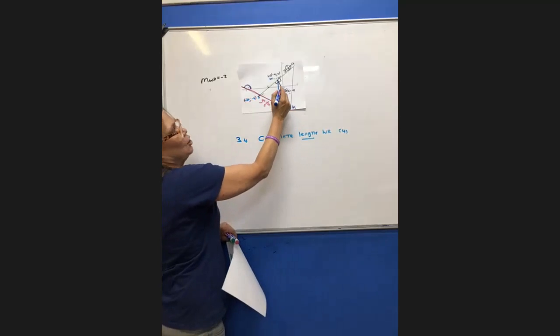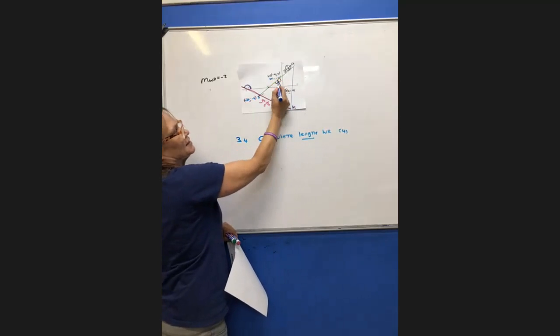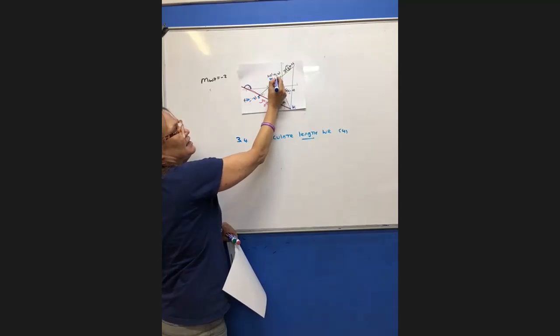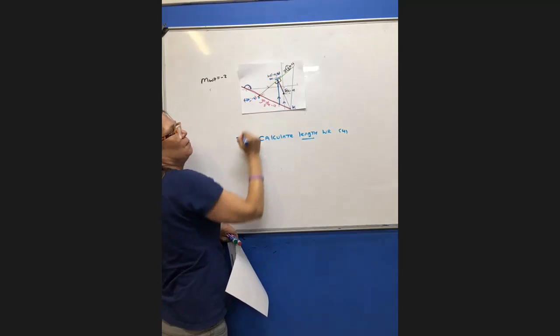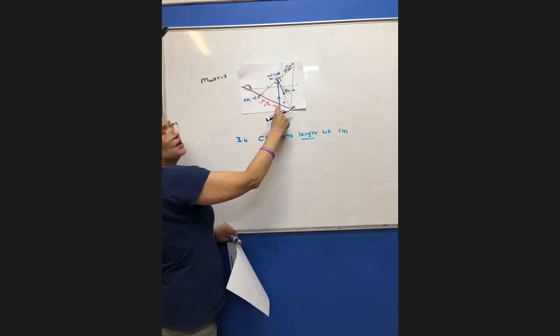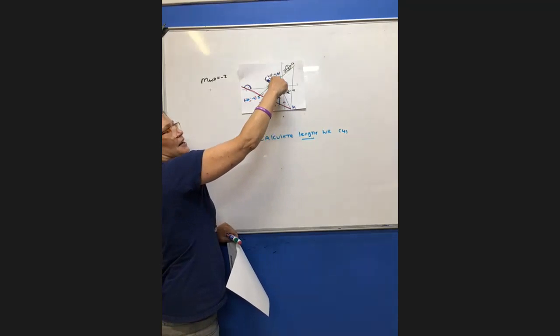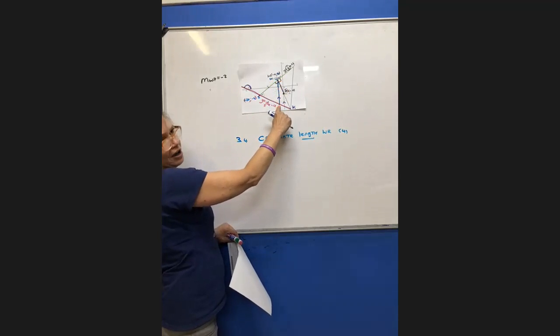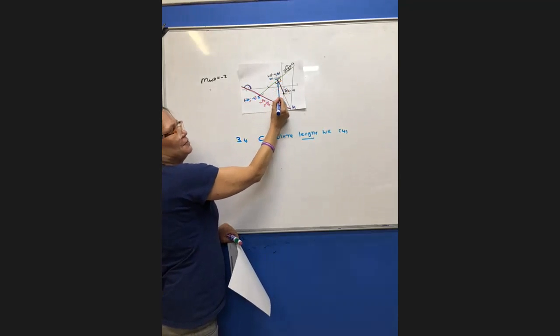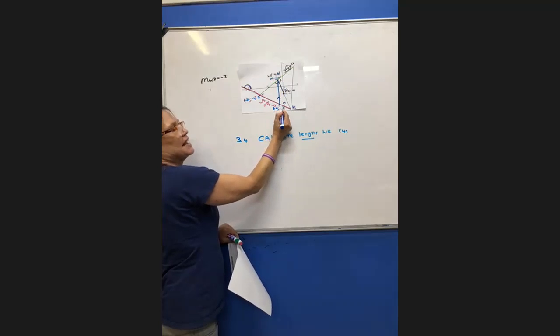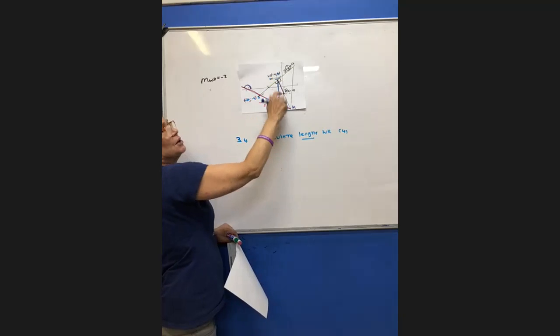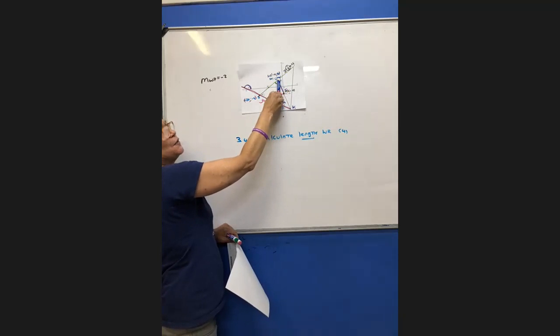Do you agree? We know that from the x-axis, from there to there is 4 units. We know that that is 4 because the y-coordinate there is 4. The y-coordinate here, then I could just get the length. Now, I don't know the y-coordinate here, but if this line is parallel to the y-axis, then the x-coordinate has to be the same as that x-coordinate, because that is on the x equals minus 4 line.